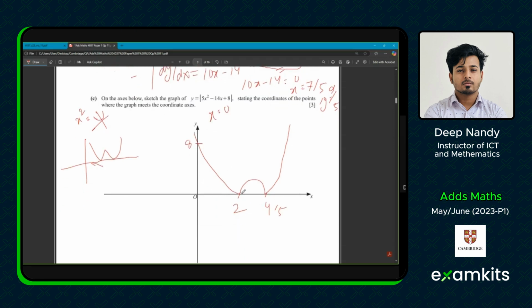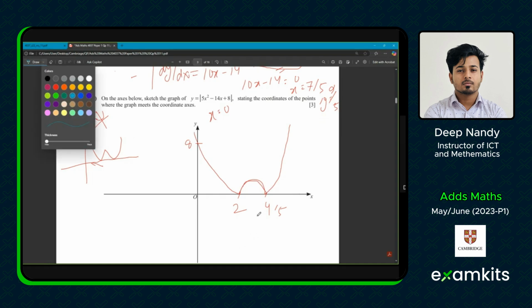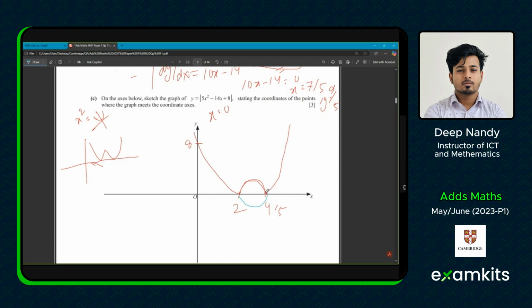So we have got the sketch of the graph. The modulus just reflected the part that was going to be underneath. We can still see the blue line that I have drawn has been reflected above. This is the work of the modulus, reflecting the negative part into the positive.